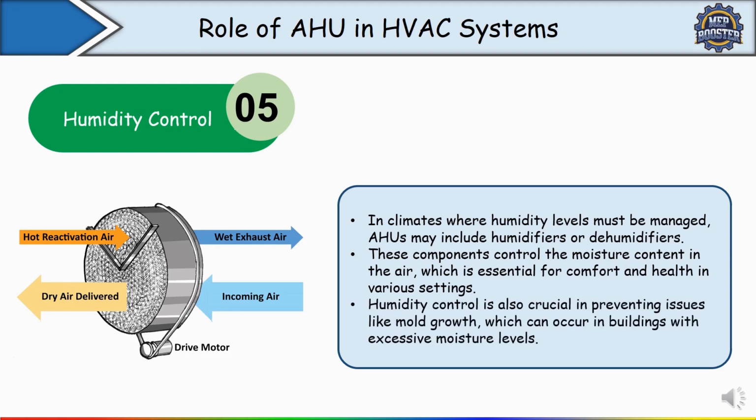Humidity control is also crucial in preventing issues like mold growth, which can occur in buildings with excessive moisture levels. Generally you have seen that in a museum, maintaining the right humidity level is essential to preserve art and artifacts. So the AHU ensures that the relative humidity stays within the desired range, preventing mold growth or deterioration of sensitive material.